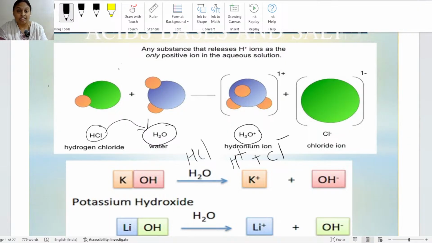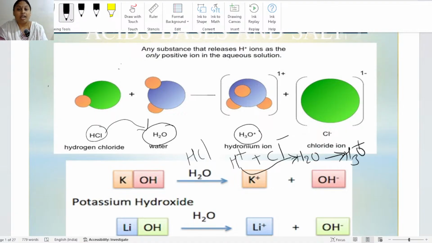Then this H plus is going to react with the water molecule. Then it gives H3O plus. So here, the formation of a positively charged particle in the aqueous solution form, the substance that produces H3O plus, will be known as an acid.